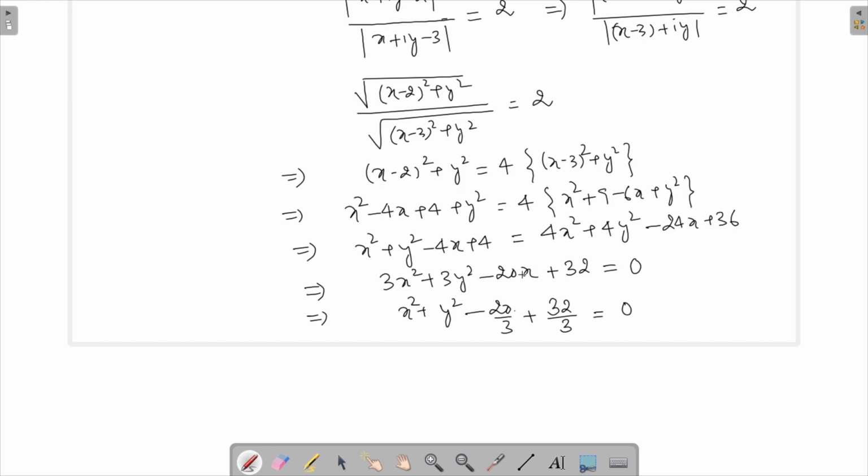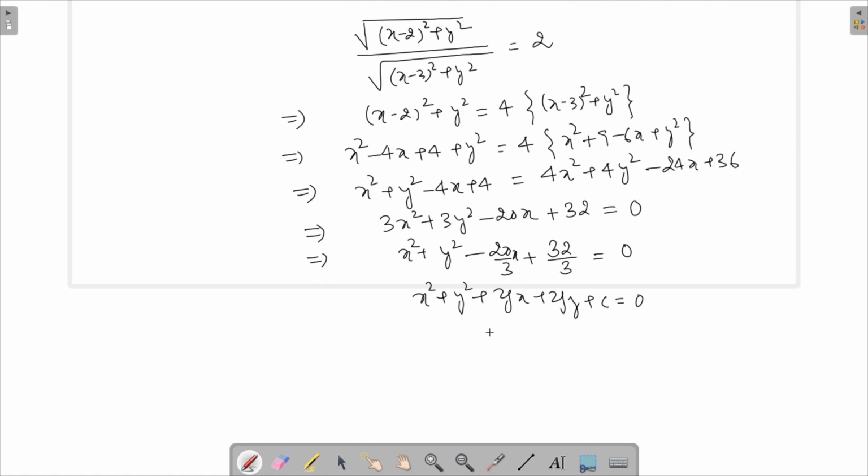If I'm comparing it with x square plus y square plus 2gx plus 2fy plus c equals 0, my 2g here will be minus 20 by 3, or g will be minus 10 by 3, right?